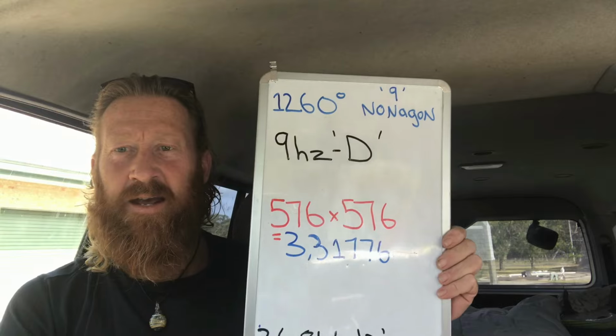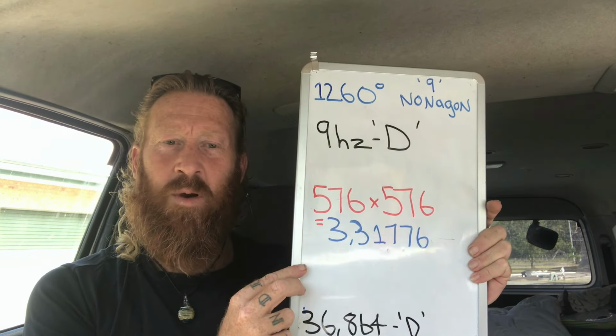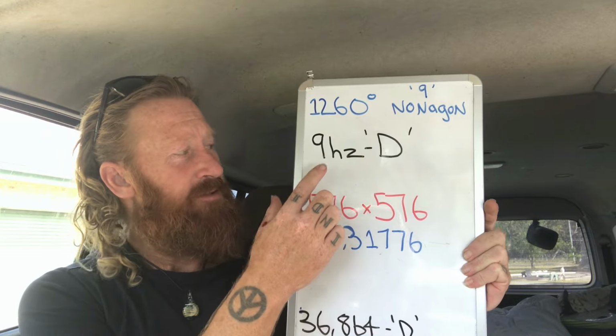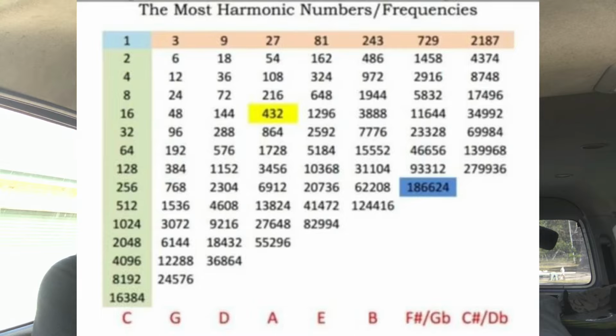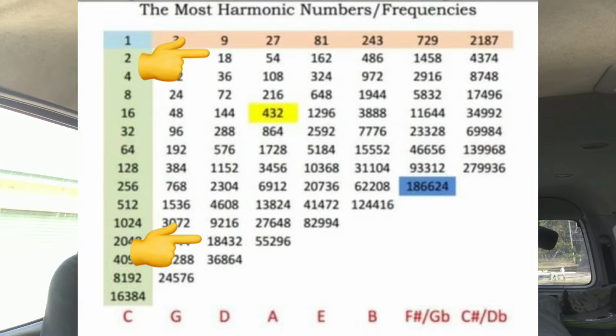So yes, we found out from Howard's video. After I saw Howard's video, the way I found it is another story, but basically I realised that 9 hertz and then the very first D and the very last D times together was 3,000, it was this number here. But then when we came all the way up to the second D and the second last D, it does the same thing.